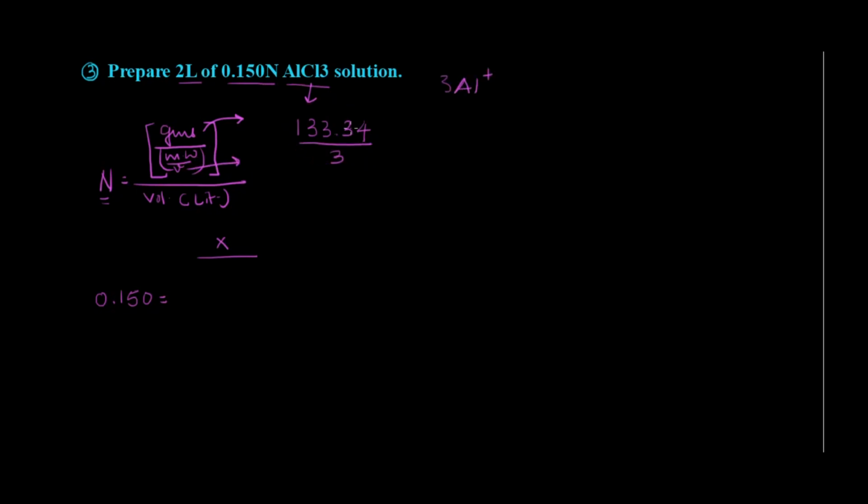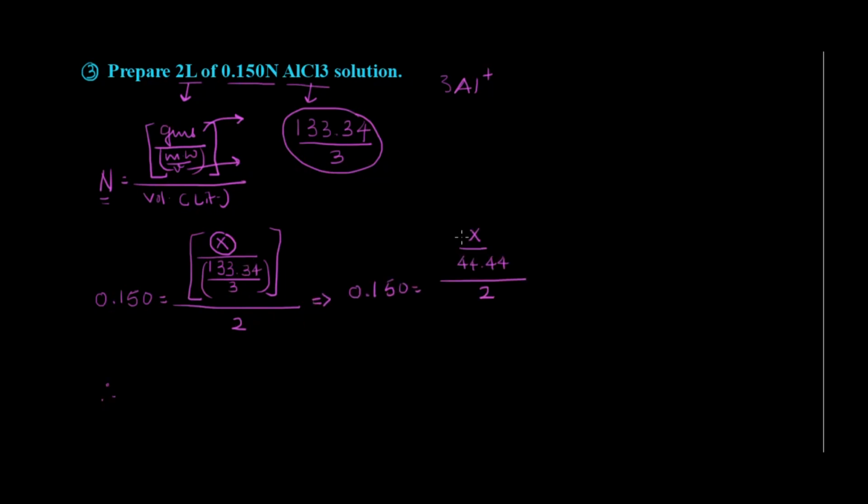So let's put these values in the formula, and this whole thing is divided by the volume in liters. What is the volume given to us? 2 liters. It is in liters, so we don't have to do any conversion, simply put 2 here. Now x is what we want to find out, so you can simplify this if you want. Let me just do it. I simplify this, and this is the value that I get.